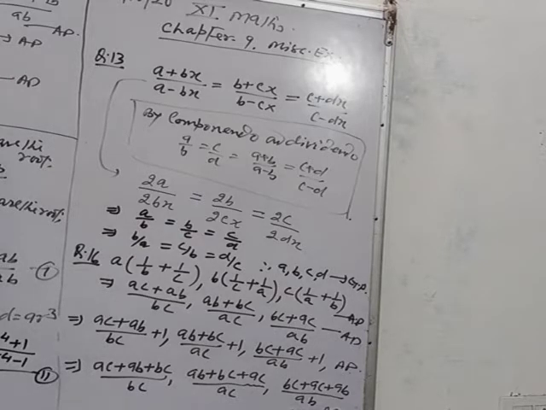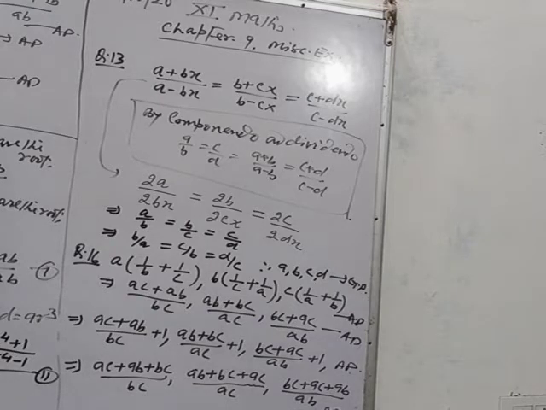So in the given question, (a + bx)/(a − bx) = (b + cx)/(b − cx) = (c + dx)/(c − dx). When you apply componendo and dividendo, compo means numerator plus denominator, and divi means numerator minus denominator.